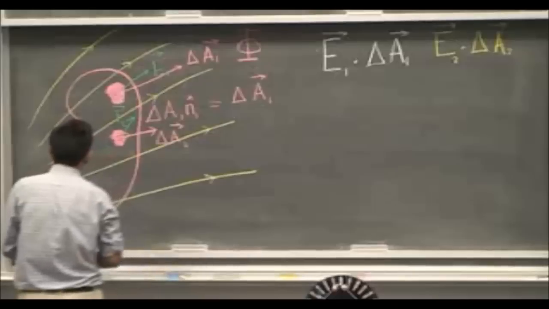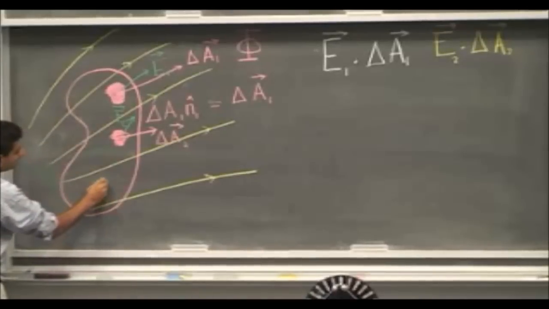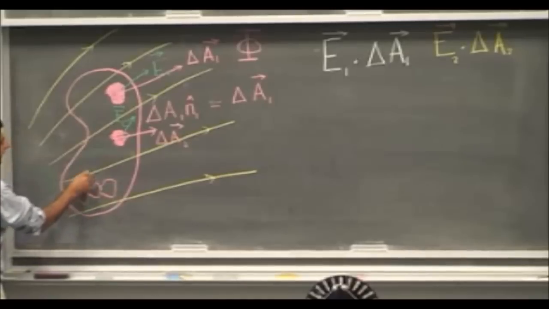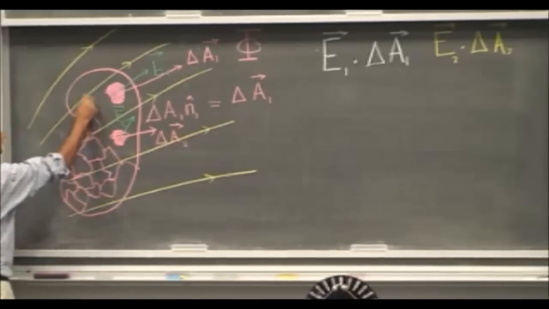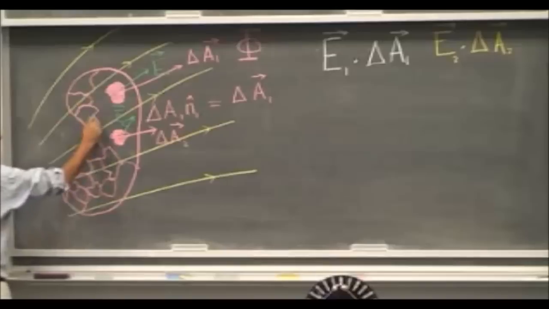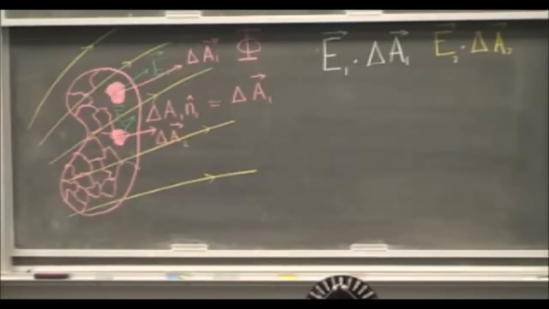Likewise, I can subdivide this surface into a large number of patches, and each patch is really small. For each patch, I define an area and find the electric field on that patch. So I can add up all of these fluxes, and as a result, I will get the total flux through the surface.